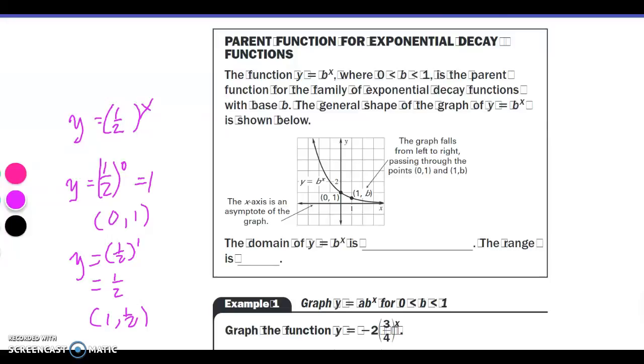Because it takes so long for them to decay, that's why we don't like nuclear waste. It takes a long time for it to go away, and it's bad stuff, right? So many things decay exponentially.